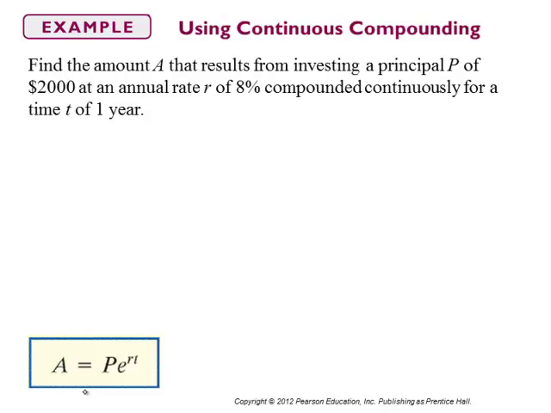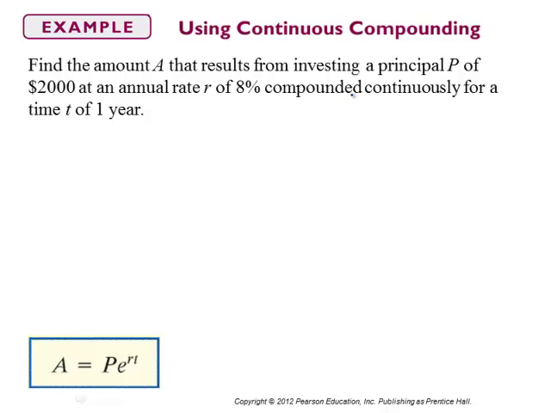All right, let's use this to solve this problem then. Find the amount A that results from investing a principal P of $2,000 at an APR of 8%, compounded continuously for a time of 1 year. All right, this is going to be a straightforward calculation.